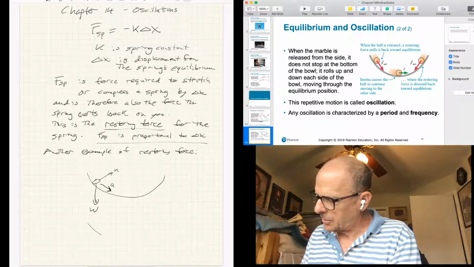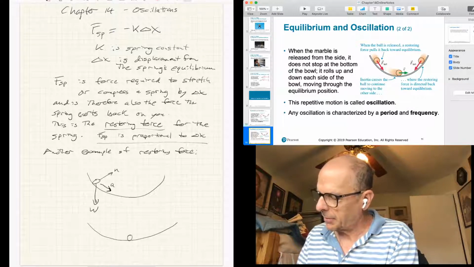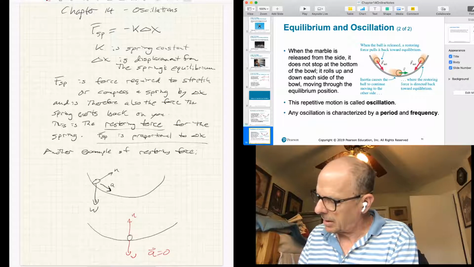If it gets to the bottom of the bowl, at this point weight is down, the normal force is up, the acceleration is 0 at equilibrium.